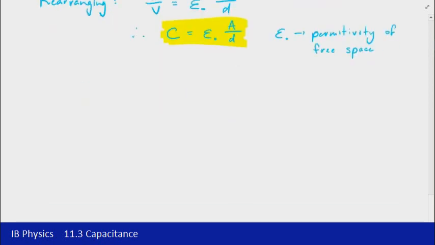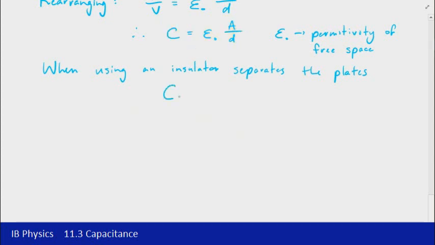If an insulator is used instead, that value is going to change depending on the substance that's being used. So when an insulator separates the plates, that equation changes slightly, and it basically just becomes the permittivity of the material multiplied by the area divided by the distance.